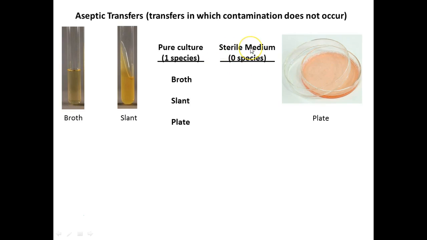Then you're going to transfer them to sterile media, media that is devoid of any microorganisms. You could transfer a broth to a broth, where you take organisms from a broth culture and put them into another broth. You can go to a slant, or you could go from a plate to a broth, like we're going to do today.